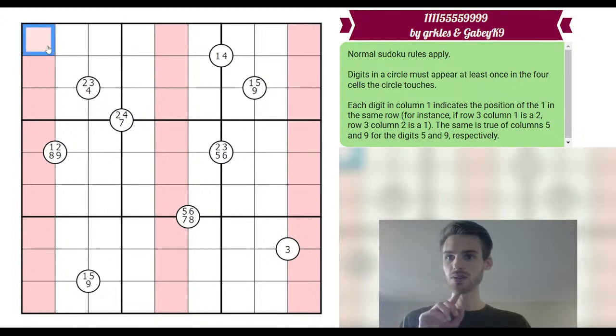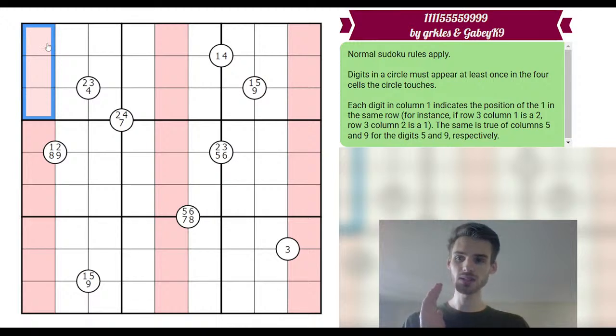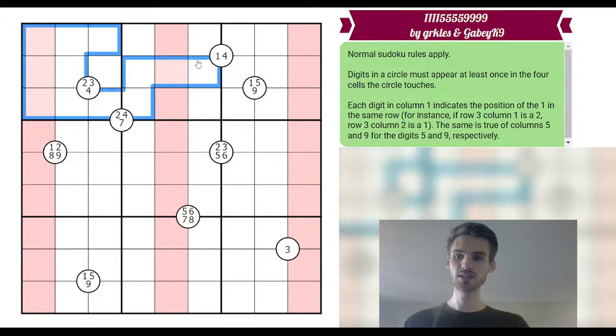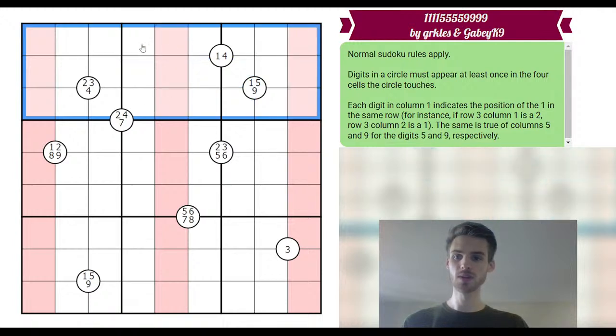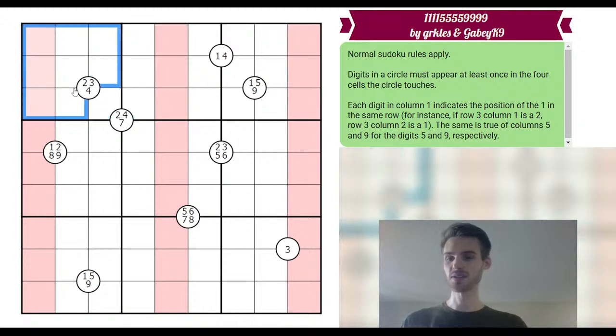And same thing for the 9. Now, the trick with 159 is that in these 3 boxes, the trick is to ask how many 1s are in these 3 boxes. Well, there's 3 1s in the boxes, 1 for each box.